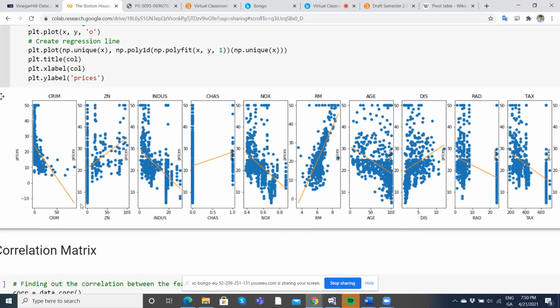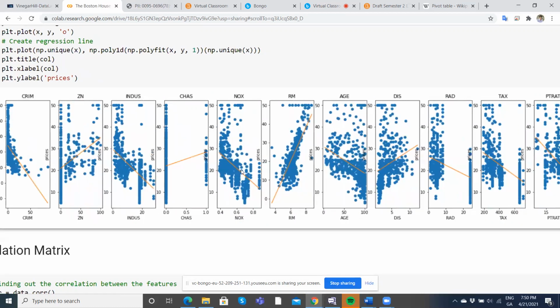So the higher the amount of crime, the lower the price. The bigger the lots, the higher the price. If you have more industrial zoning, the lower the price. If you live on the Charles River, which is 1, and there weren't that many, the price seems to be a bit higher than if you don't live adjacent to the Charles River.